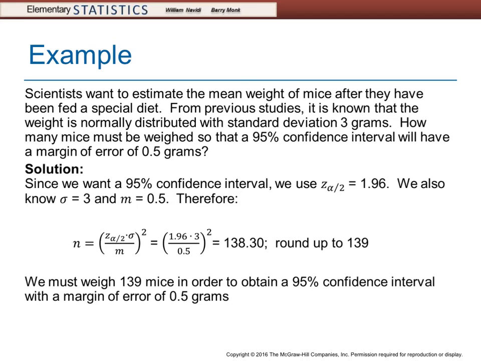Therefore, when we put the information into the formula, we get n equal to 138.3 samples. But you can't get 0.3 of a sample, so we always round up to the higher level, 139. We must weigh 139 mice in order to obtain a 95% confidence interval with a margin of error of 0.5 grams.